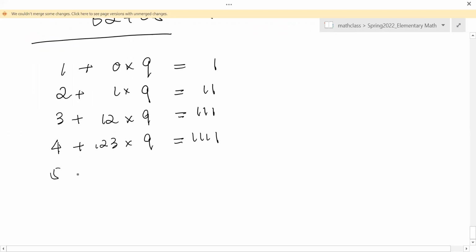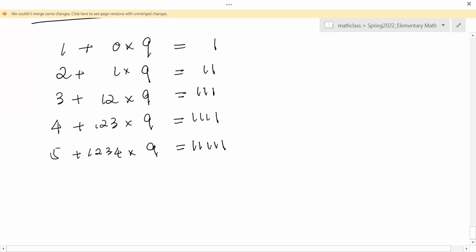This should be 5, and here's 1, 2, 3, 4 times 9. Then use a calculator, because you don't have time to do the computation here. 1, 2, 3, 4 times 9 plus 5, and it is just as you predict. You just get one more digit, 11111.